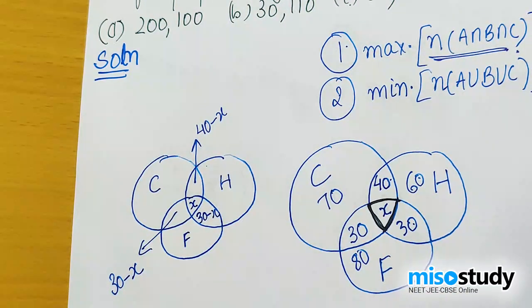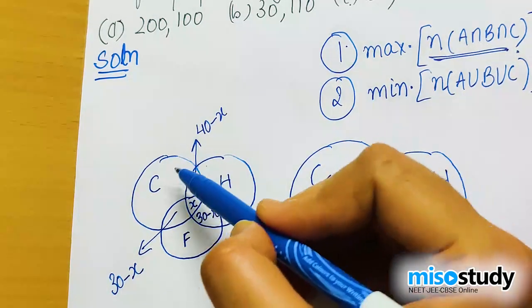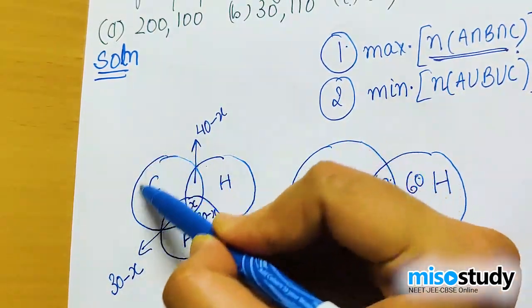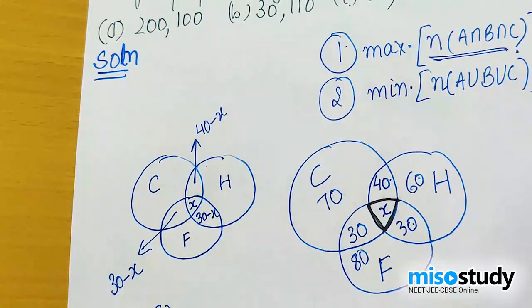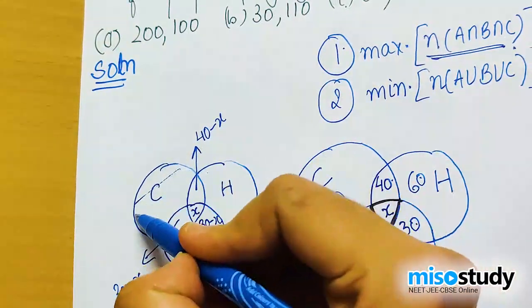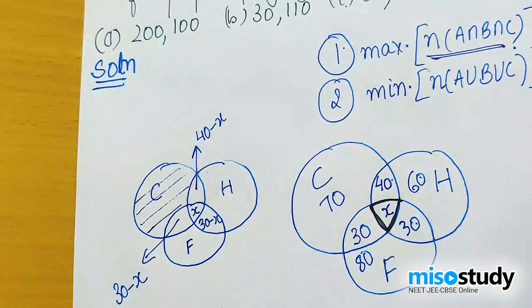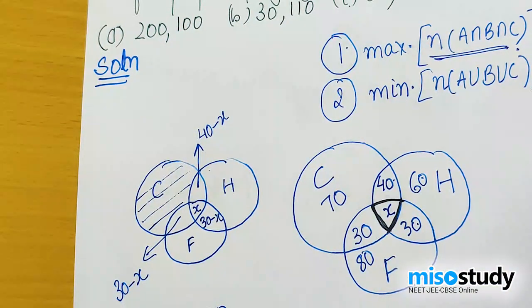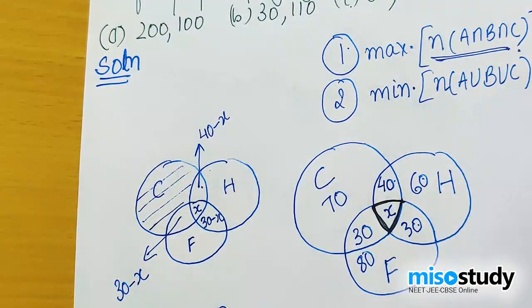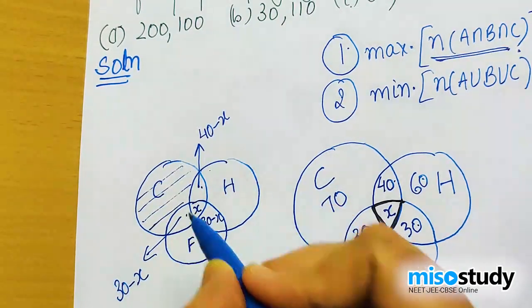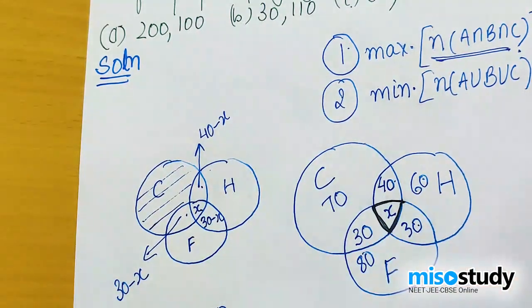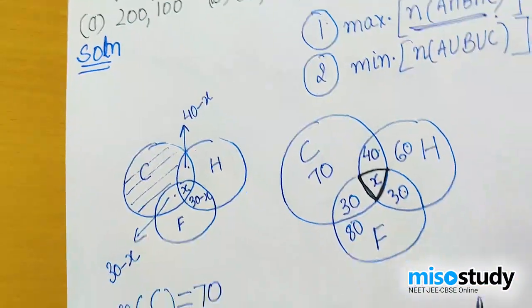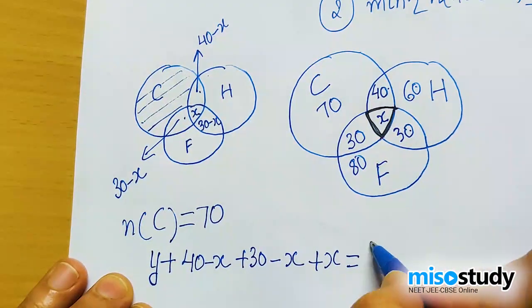In a similar way, if this complete thing is 70, that means n(C) equals 70. But n(C) is composed of how many things? It's composed of this, which we need to find out, let's say this is Y, plus this 40 minus X, plus this 30 minus X, because we have written them individually, plus X. And this entire thing should be equal to 70.